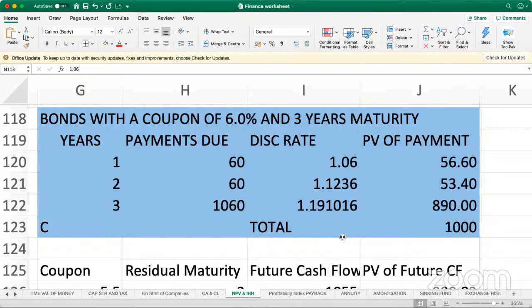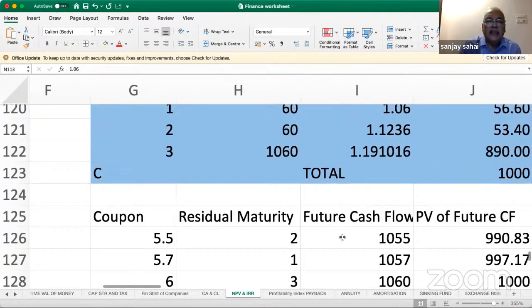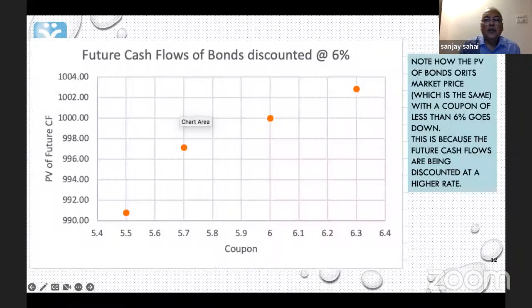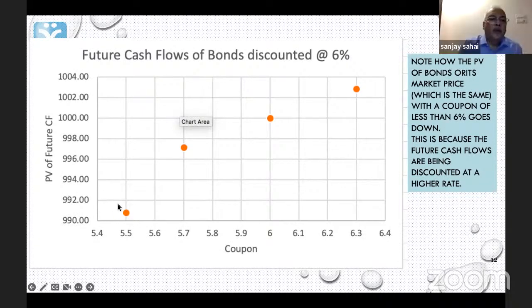Yes, sir. Okay. Now, if we look at this in the form of a little graph, it will probably be even more clear to you. So suppose I go to here, look at this. This bond had a coupon of 5.5%.